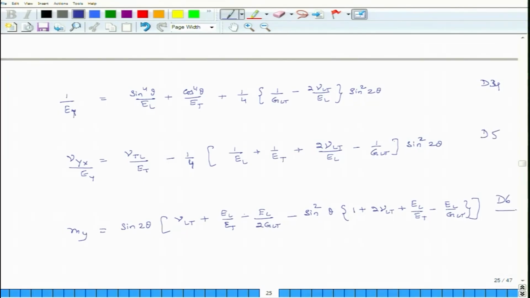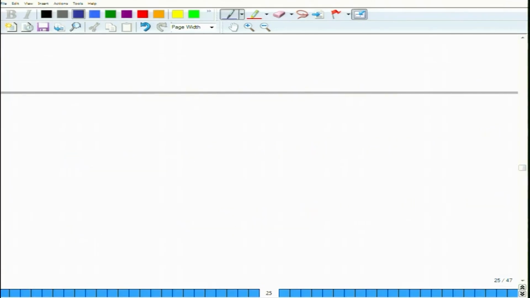And when you compare D3, D4, D5, D6 with their counterparts D1, D2, D3, what you find are some equivalences, and that is gamma xy equals minus mx sigma x over El, and you also see that my equals minus gamma xy times El over sigma y.